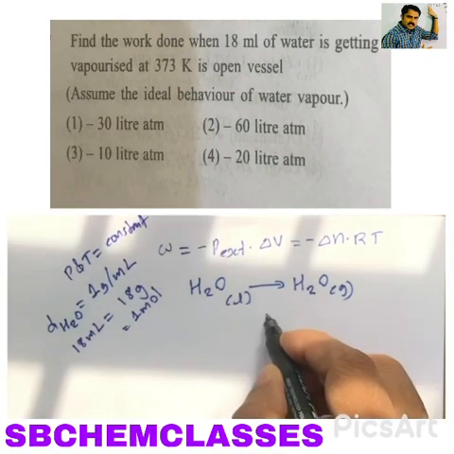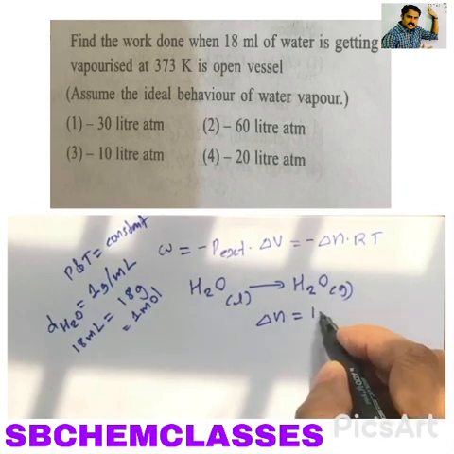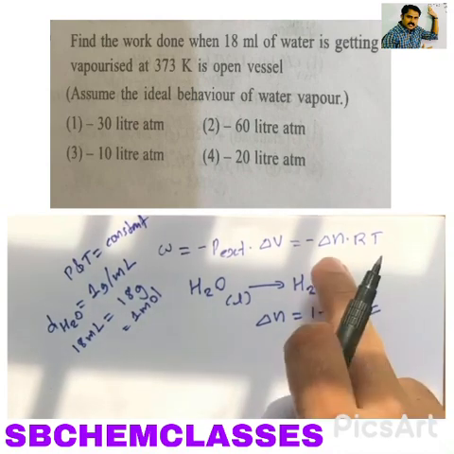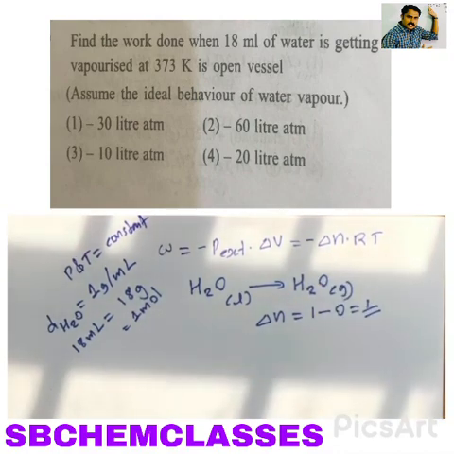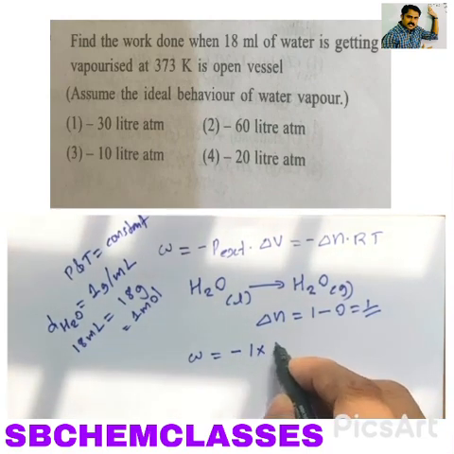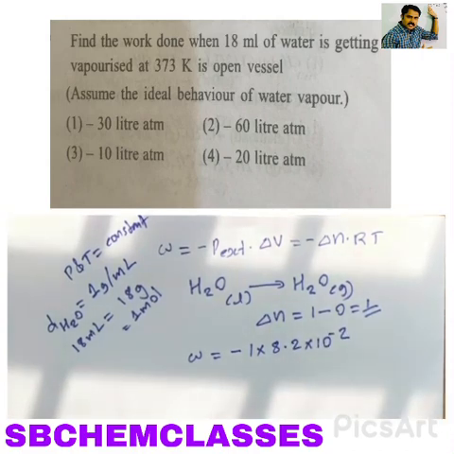So when we calculate delta n, the number of moles of product is 1 minus the number of moles of reactant 0, because only the gaseous state is considered in the number of moles. So we can apply our equation: minus delta n R T, with R equal to 8.2 into 10 raised to minus 2 because the answer is in liter atm, into temperature 373.